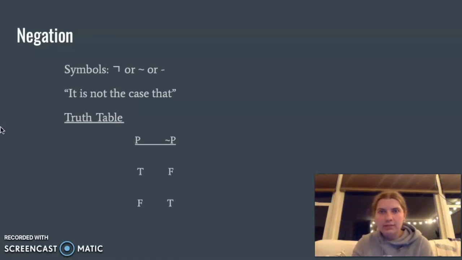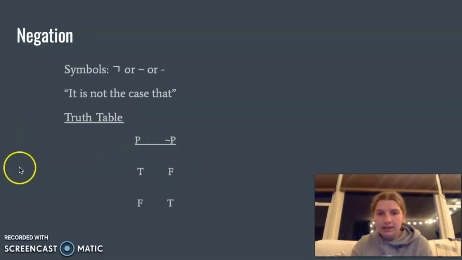So I could say a statement, I like candy. That is a true statement, so "I like candy" is going to be our P. So that's true. "It is not the case that I like candy" turns the P statement false. So we can see negation of P turning it into false.